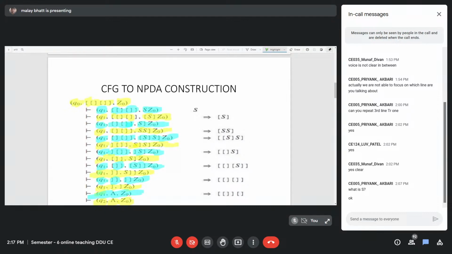So we have the pop operation, that is step number 3: Q1, opening bracket, closing bracket, again opening bracket, closing bracket in the input. Then on the stack it is capital S, closing bracket, Z0. So again we are getting non-terminal S on the stack.